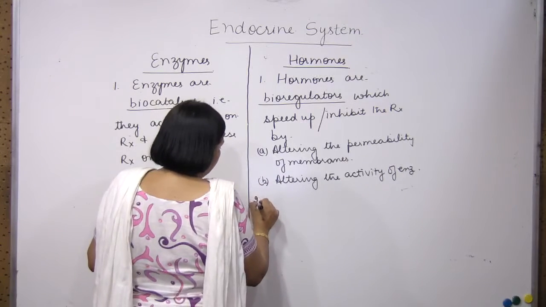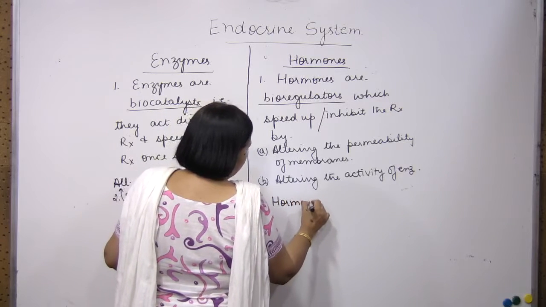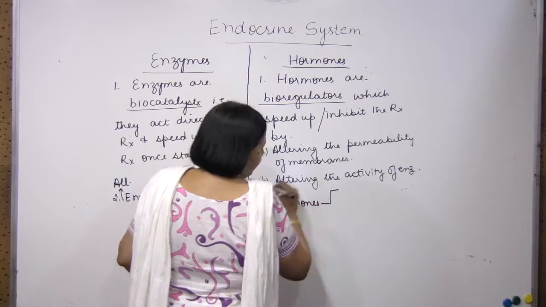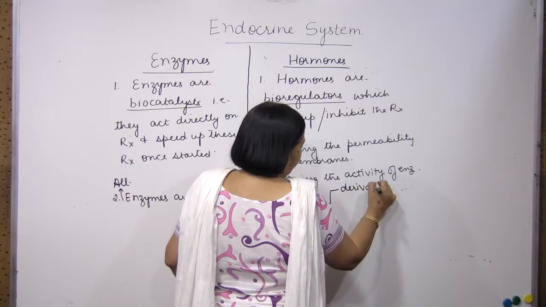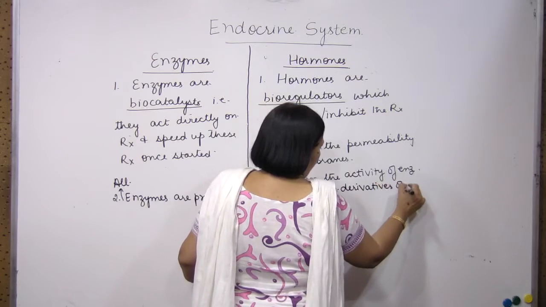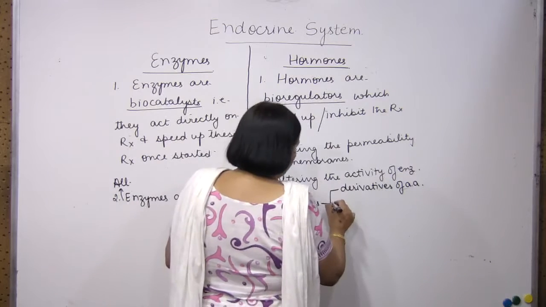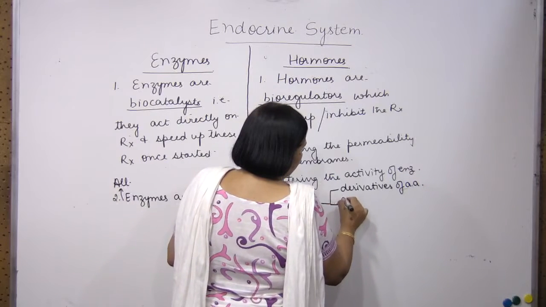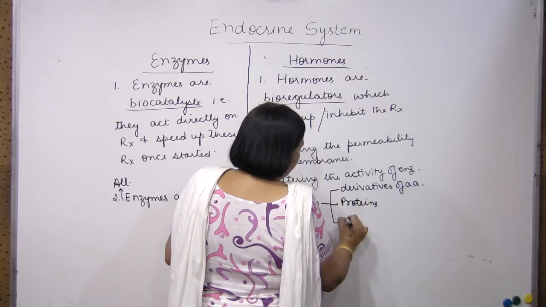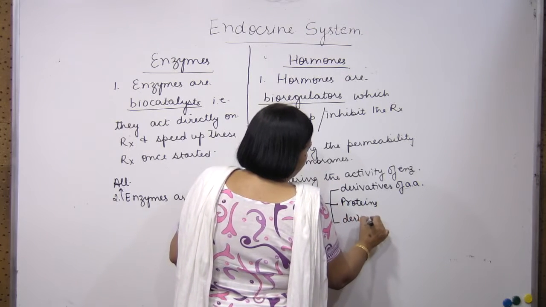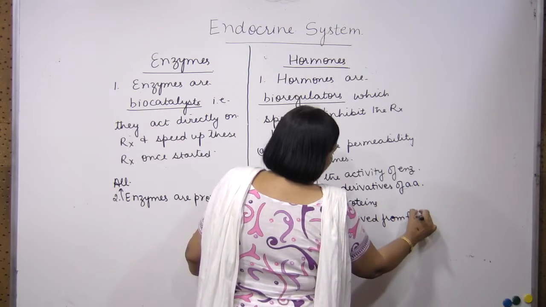Whereas hormones can be derivatives of amino acids, or proteins, or derived from fats or lipids.